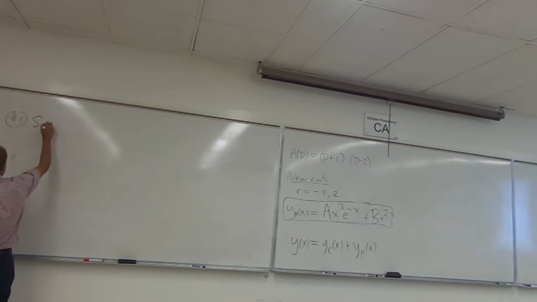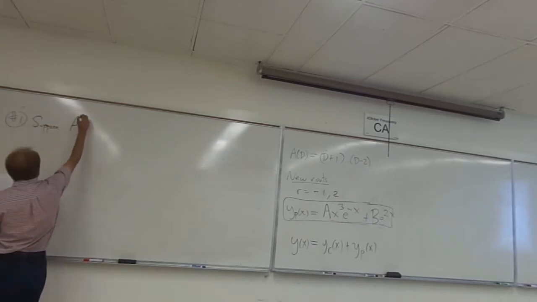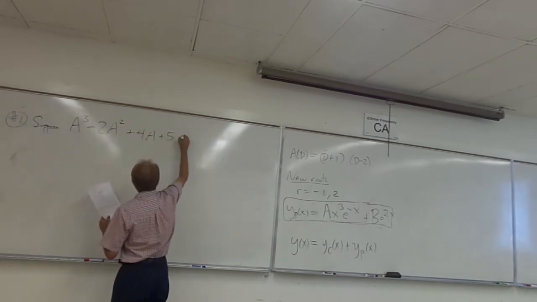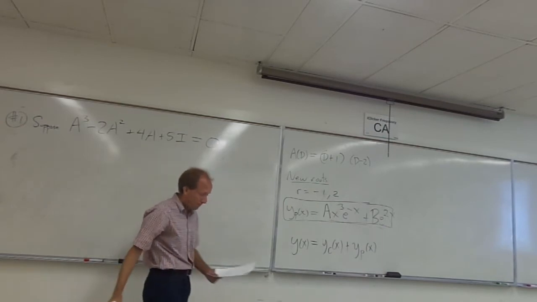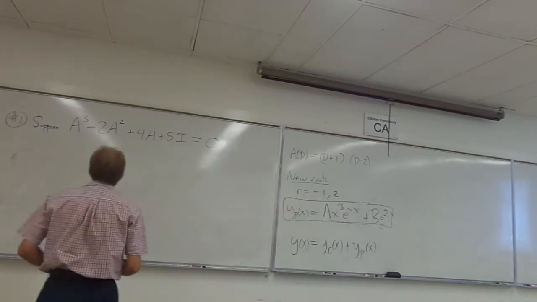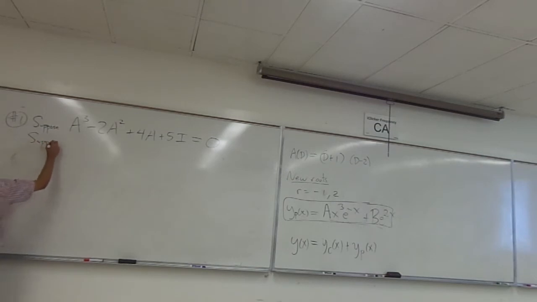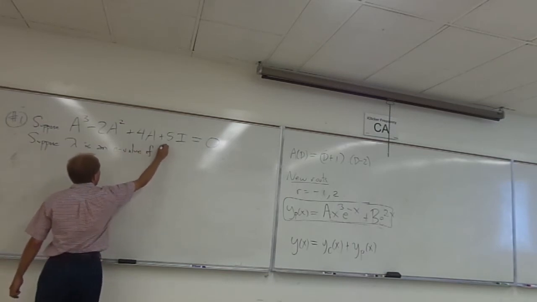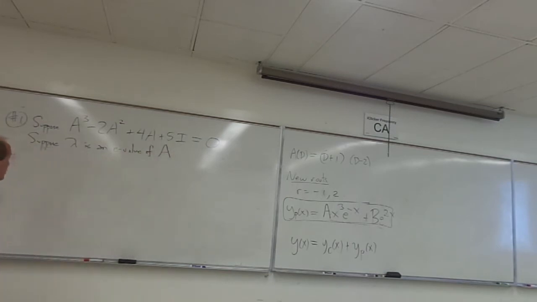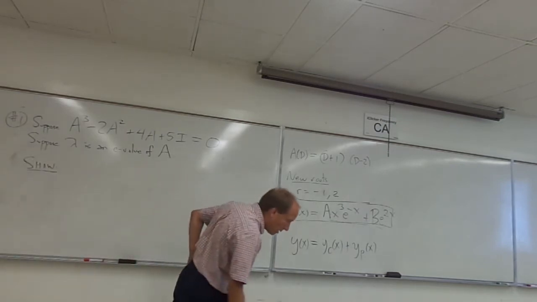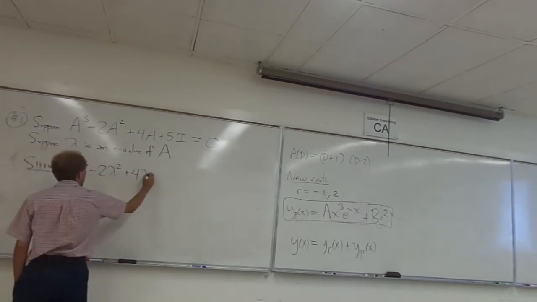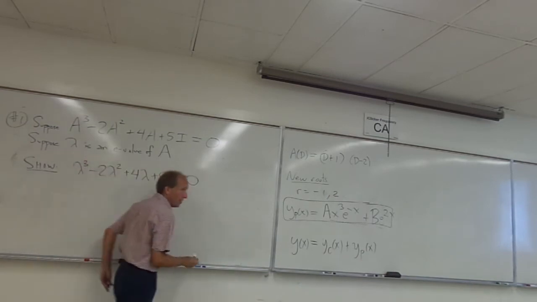Suppose that A cubed minus 2A squared plus 4A plus 5I is equal to 0, and suppose lambda is an eigenvalue of A. Then show lambda cubed minus 2 lambda squared plus 4 lambda plus 5 is equal to 0.